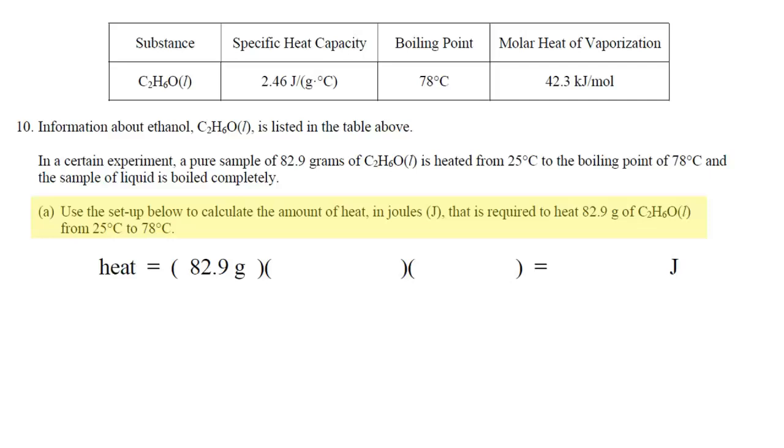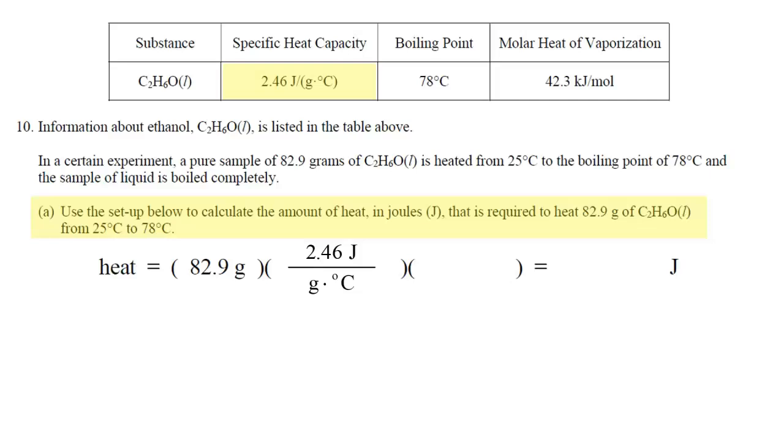So in part A, we're just doing mass times the specific heat capacity and then times the change in temperature. So the specific heat capacity of liquid ethanol is 2.46 joules per gram degree Celsius. So that is the amount of thermal energy or heat that is required to raise 1 gram of this substance by 1 degree Celsius.